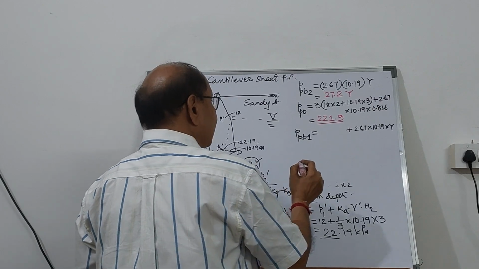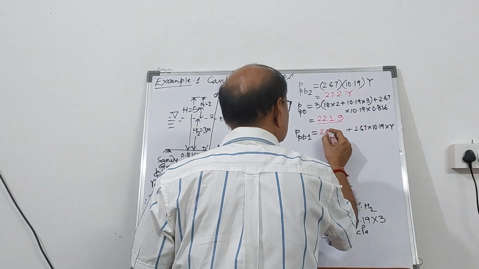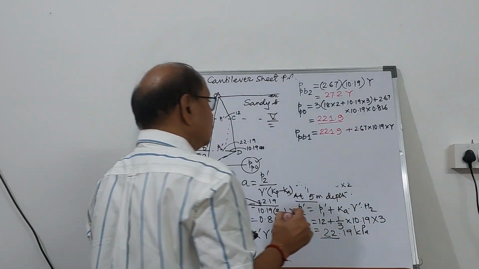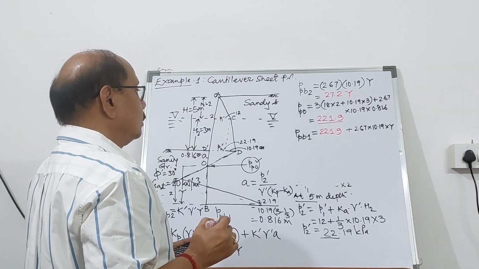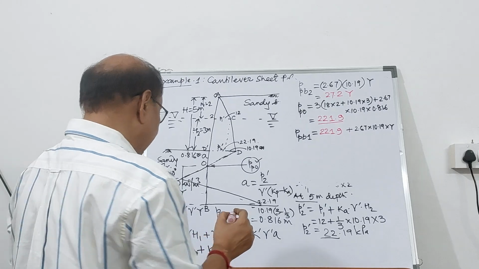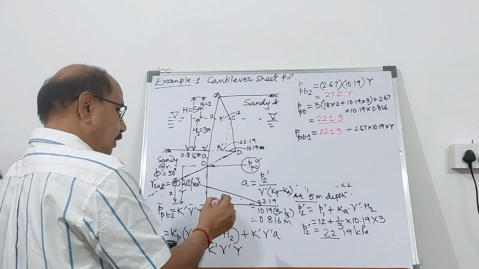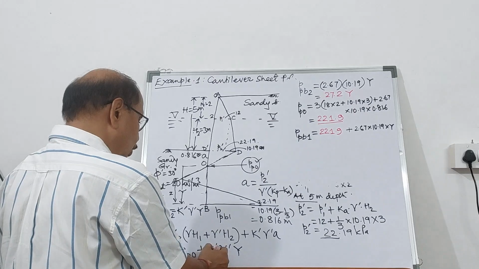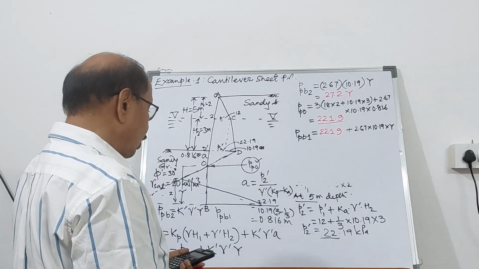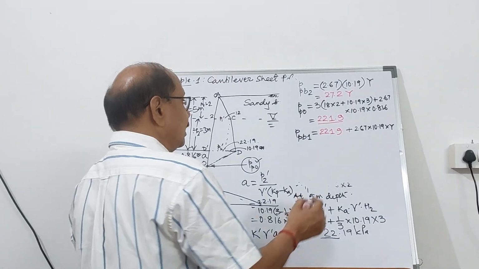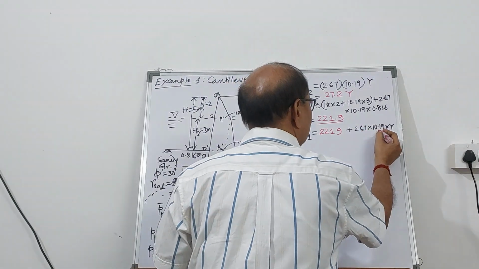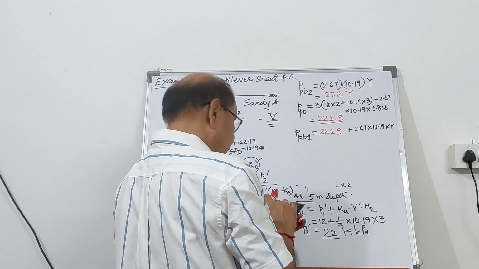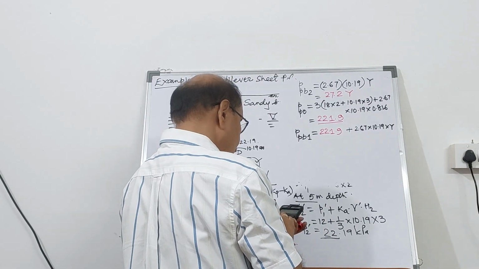Now, PPB1 is given as PPO plus K prime gamma prime Y. So let's calculate this.